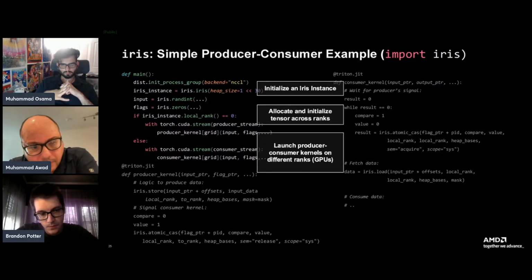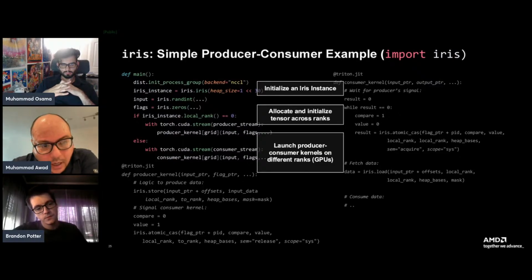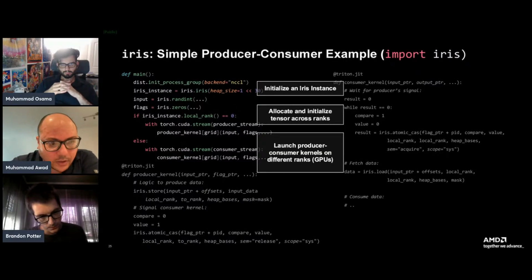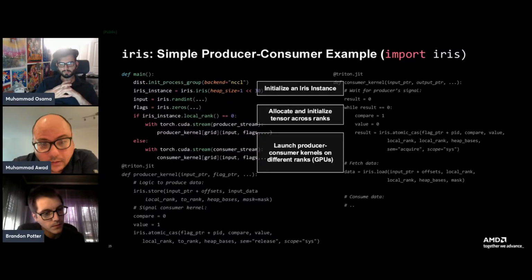So just keep in mind, if you're using Iris APIs to allocate tensors, and you have to for RMA operations, be careful about Torch APIs that reallocate tensors, so you will always have to do things in place.